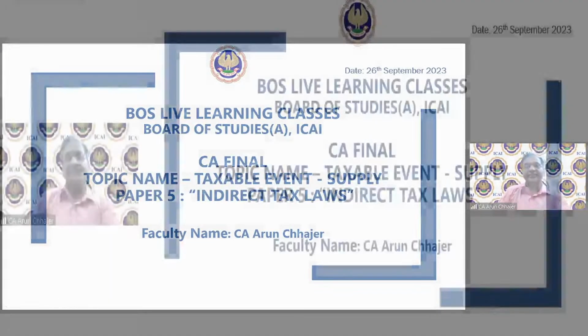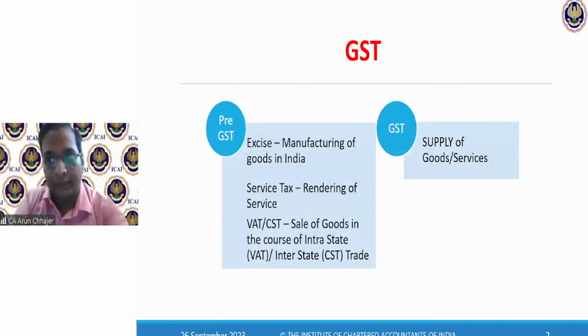Now we can say that in the pre-GST era, there were multiple taxable events. For excise duty, what is the taxable event? Manufacturing. For services, what was the taxable event? Rendering of services. For VAT, it was the sale of goods within the state.